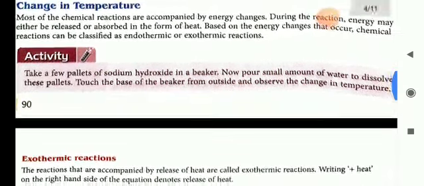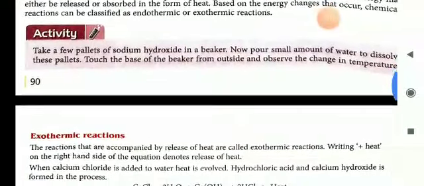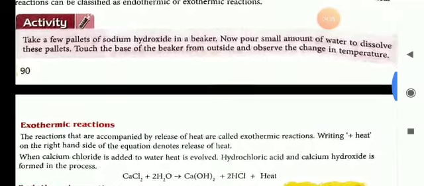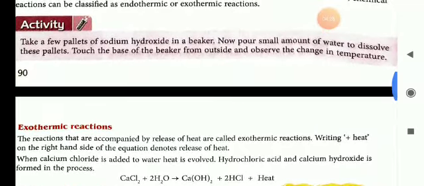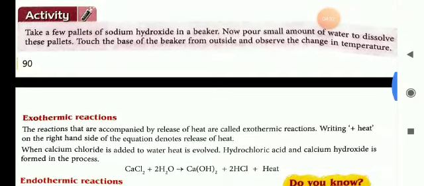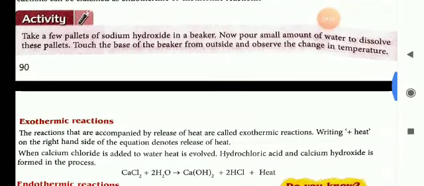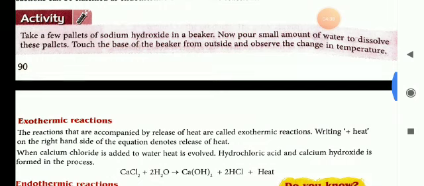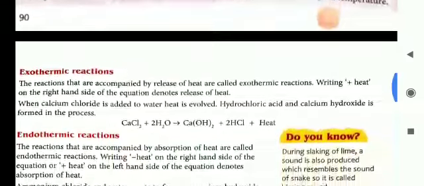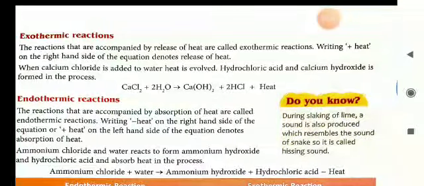As I have just told you, sometimes the beaker or the test tube in which the reaction is going on gets heated. Here also, when sodium hydroxide dissolves in water, the beaker or the test tube from outside gets heated. So first is exothermic reaction.